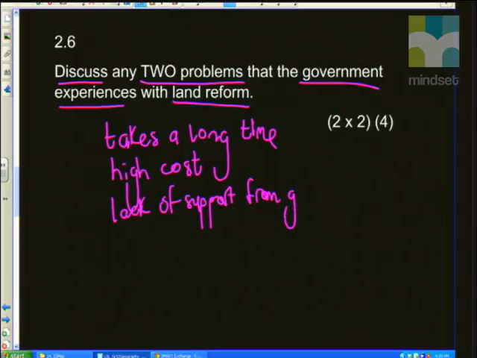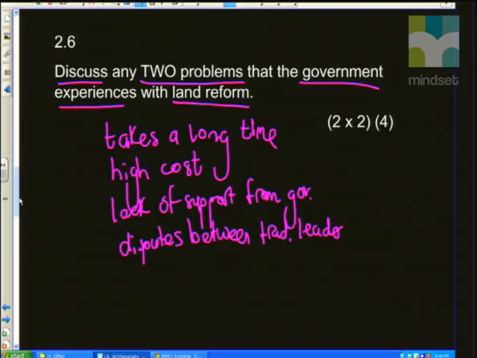And there are various disputes which I've just discussed with you. Could be between the landowners that are not willing to sell or give up their land. It could be between government and traditional leaders about the extent of land. And all of these issues take a long time to resolve.